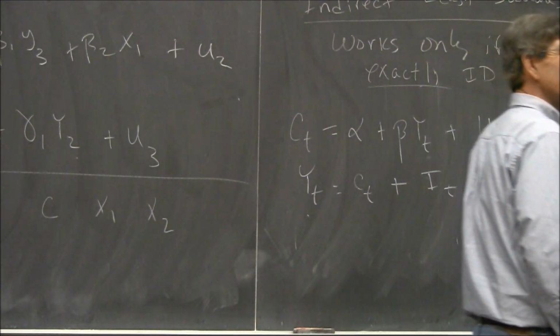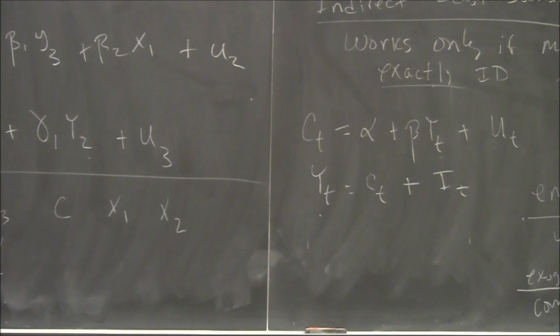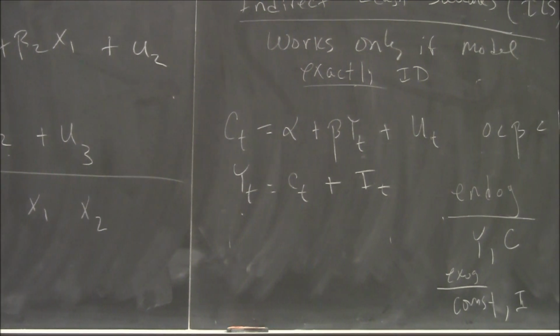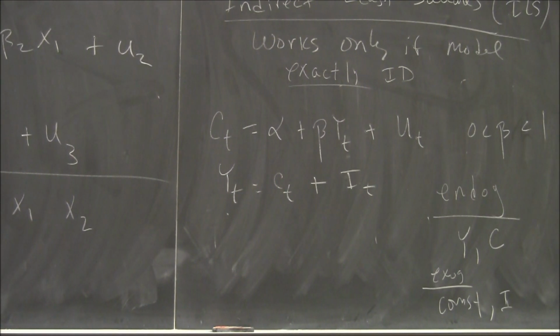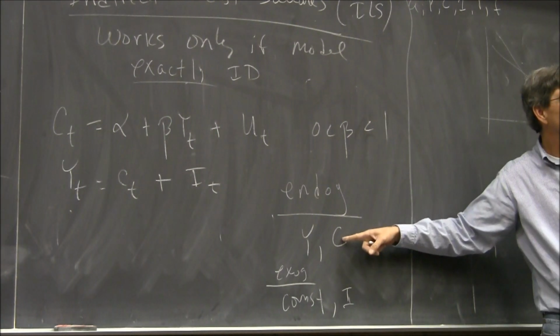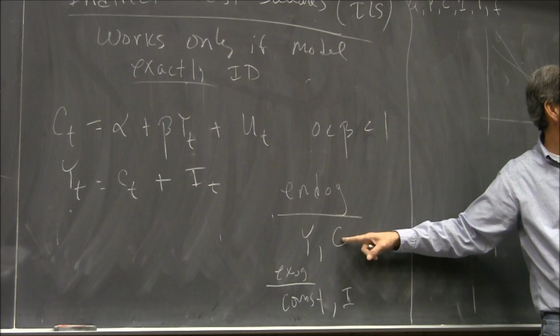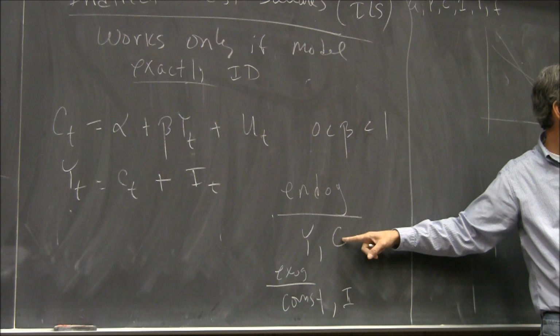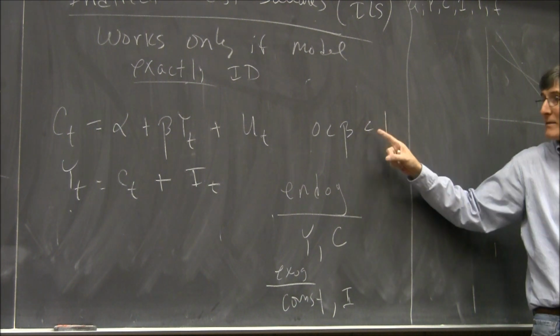What's missing? I. How many endogenous variables? 2. G minus 1 is 1. 1 is greater than or equal to 1. There's one thing missing here.